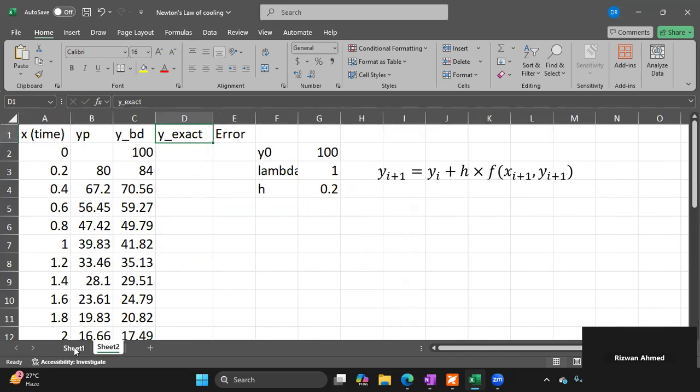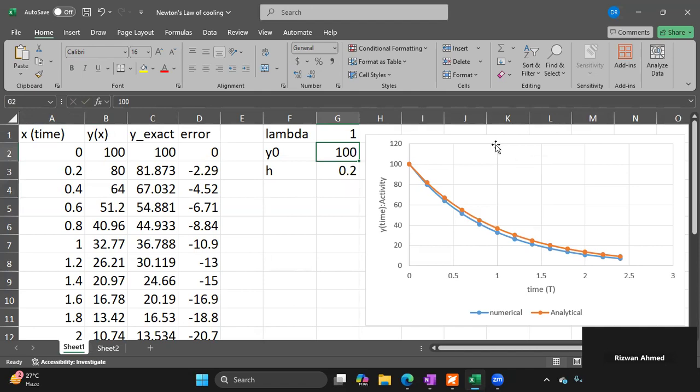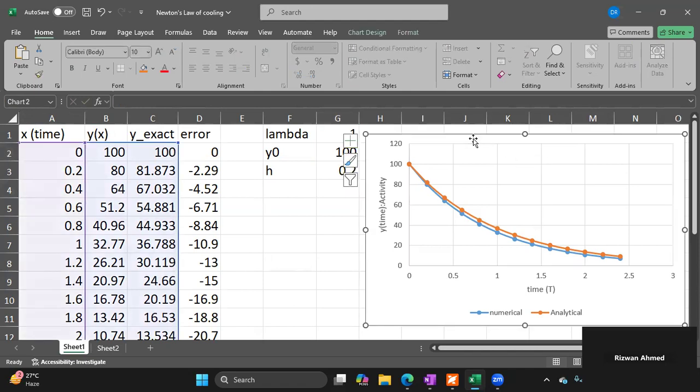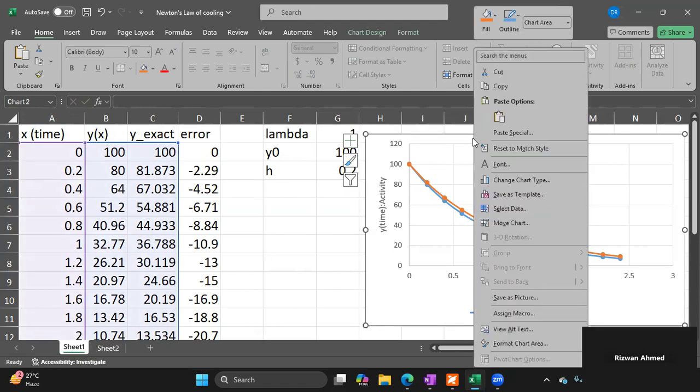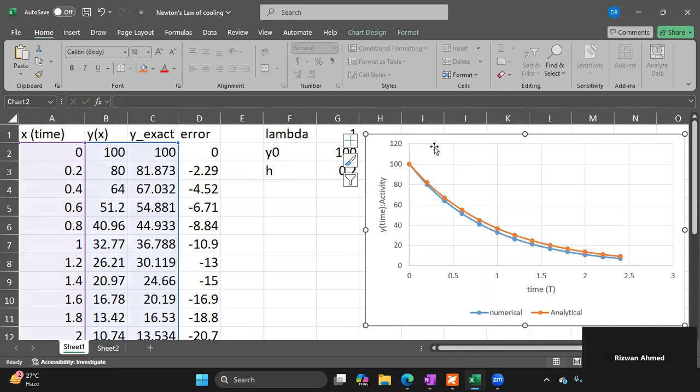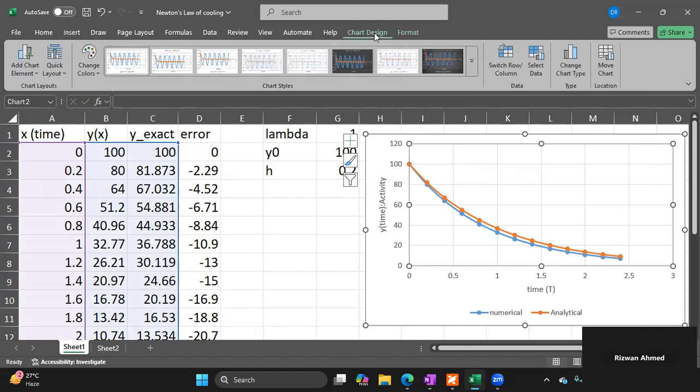So I plot the result on the same graph paper that we used earlier. I go for the step of select data. There is the option of select data, let me show that with the spotlight. So this is select data.